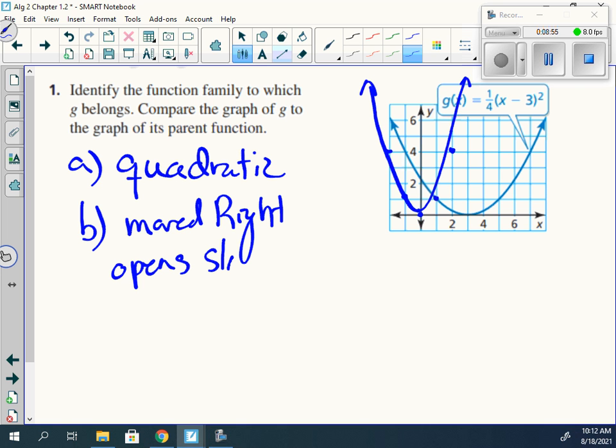It opens slower, or opens wider, or is increasing at a slower pace, or increasing at 1/4. It has a vertical shrink by a factor of 1/4. That's actually more the technical jargon, because we'll talk about it as shrinking or stretching. So we've kind of gotten the hang of this so far, not too bad.